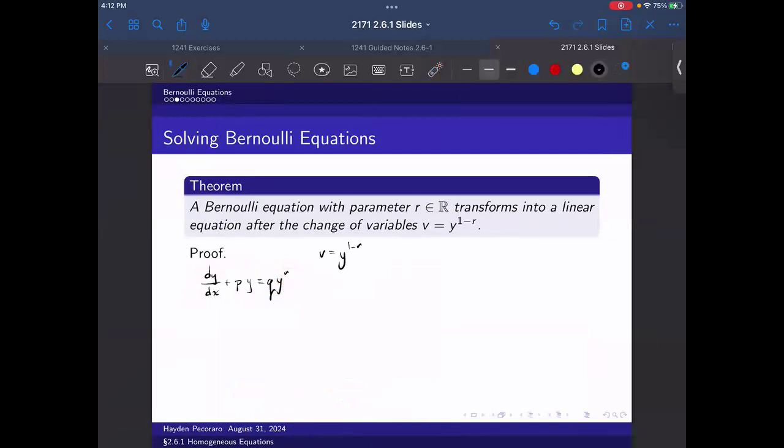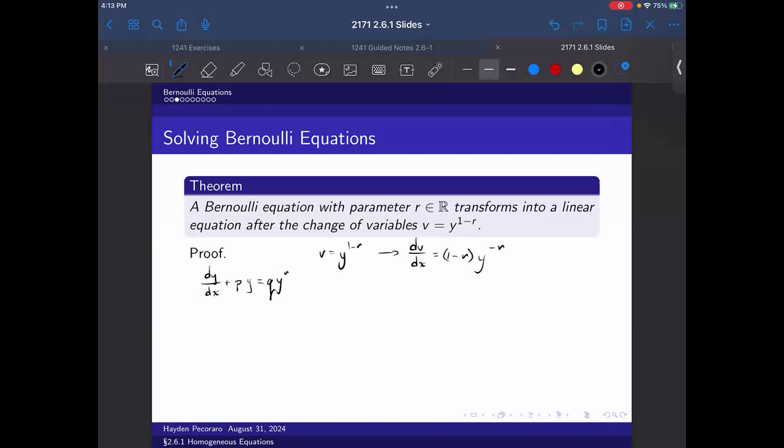Okay, so what we want to do now is make our substitution. We can solve for y if we want, and then take a derivative. That might be a little annoying. I'm not sure which one is going to be easier, actually. So let's try it the way it is for now. dv/dx equals (1 minus r) y to the minus r, that is, 1 minus r minus 1.